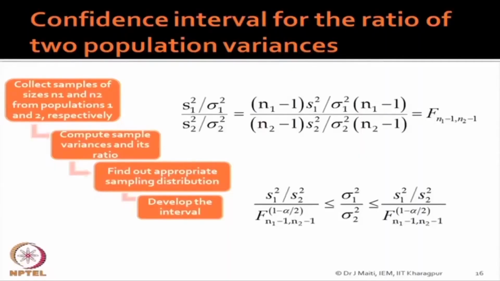We want to check that the population variances are equal, and only then go for the mean test. We will see that later on if time permits. Now, the confidence interval for the ratio of two population variances, how do you go about it?